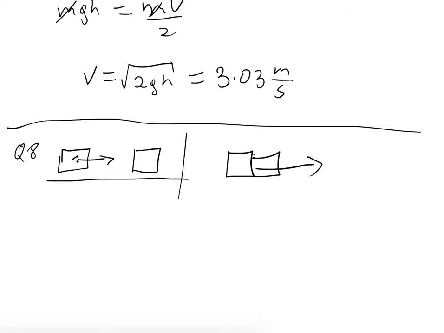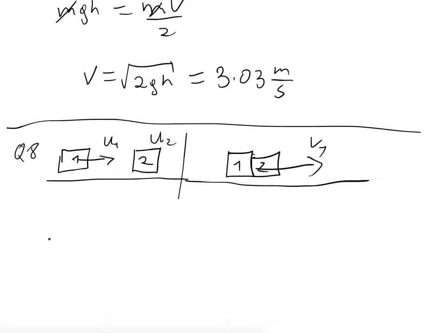Let's call this one 1, this one 2, and then 1 and 2 are traveling together. This will be my u1, u2, and this will be v1, the speed after the collision. Obviously, because this is at rest, u2, the speed before the collision for the second object, is equal to 0.